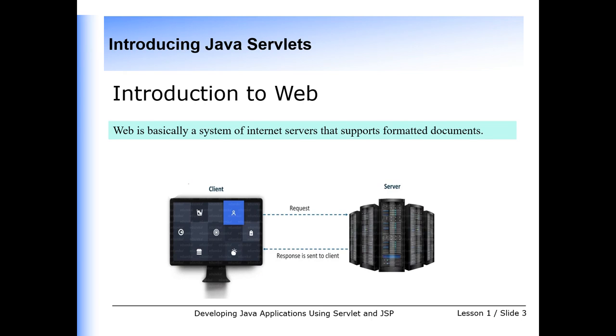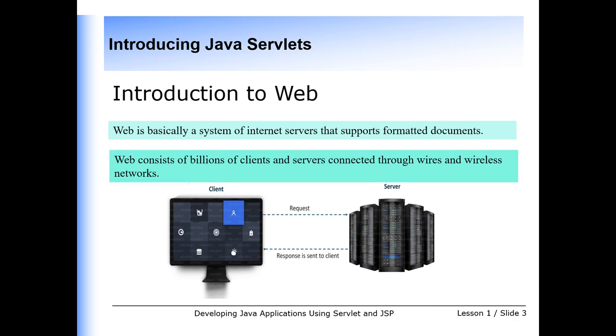The documents are formatted using a markup language called HTML, hypertext markup language, that supports links to other documents like graphics, audio and video files. Or generally, web consists of billions of clients and servers connected through wired and wireless networks.